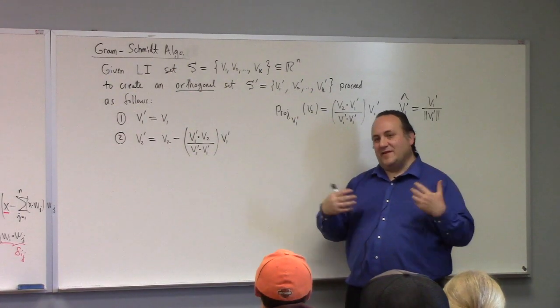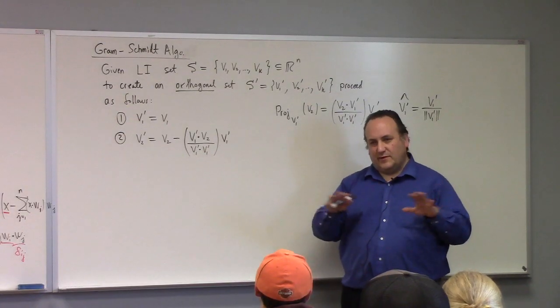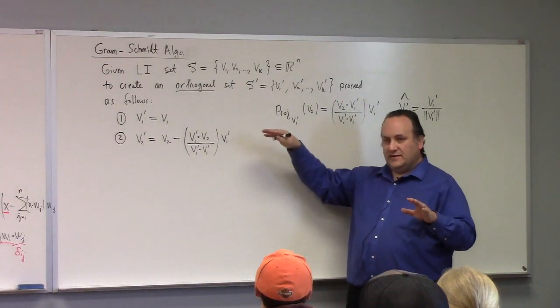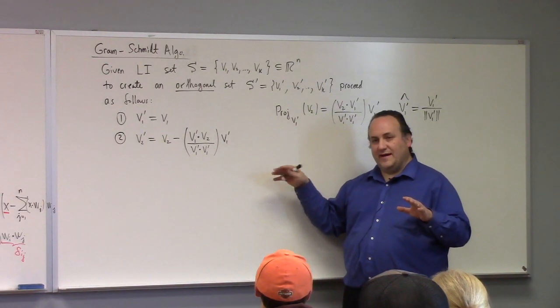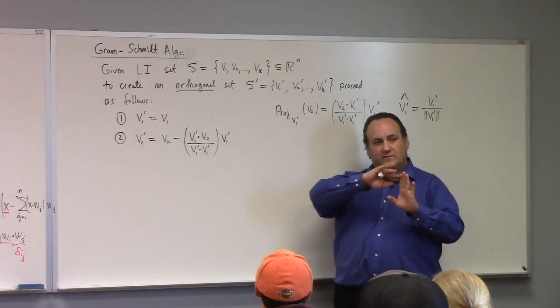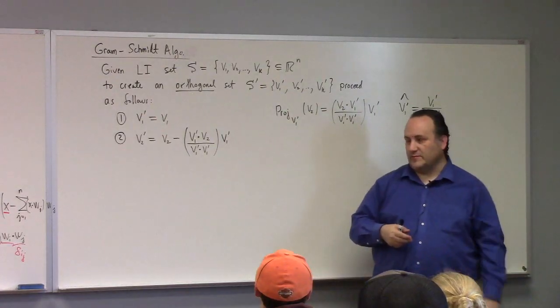If you don't normalize as you go, you'll have less square roots to deal with in the calculation. It is a simple matter, after we're done constructing the orthogonal set, to go back and normalize all at once. You just divide by the length, divide by the length, divide by the length to create the orthonormal set.